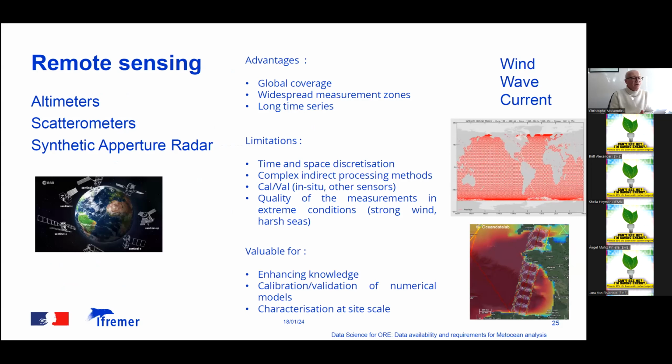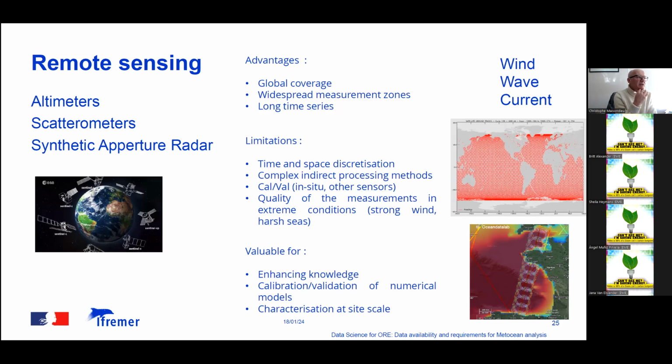So this was for in situ measurement, just a brief insight. And regarding remote sensing, since the mid-70s a large number of missions have been launched with satellites equipped with different measurement systems like altimeters, scatterometers, or synthetic aperture radars, having the capacity to provide information on wind, waves, and currents.